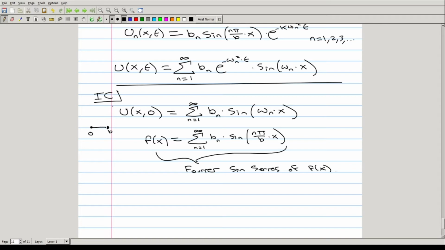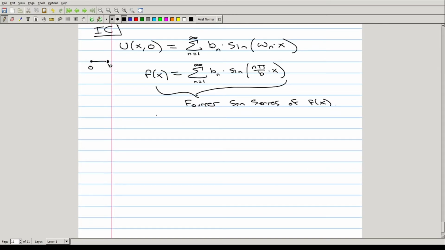So we know immediately how to calculate these coefficients Bn using our orthogonality relations.